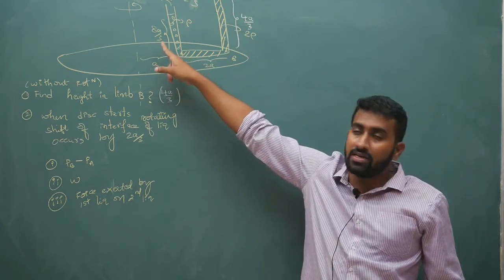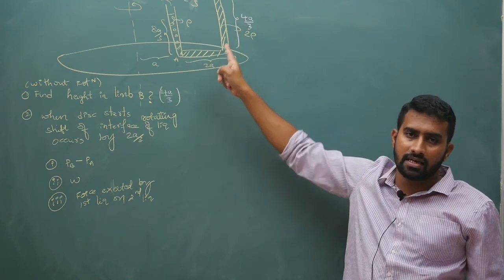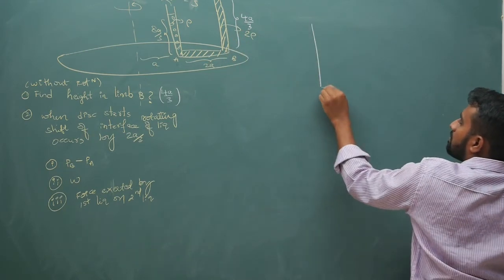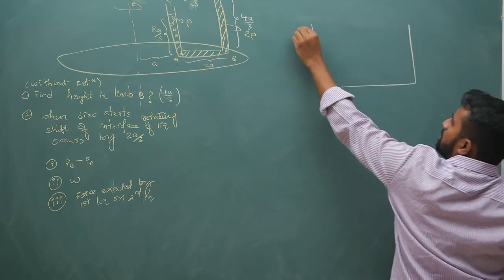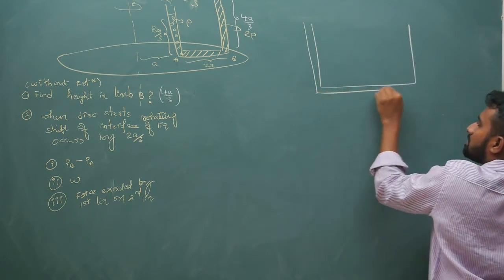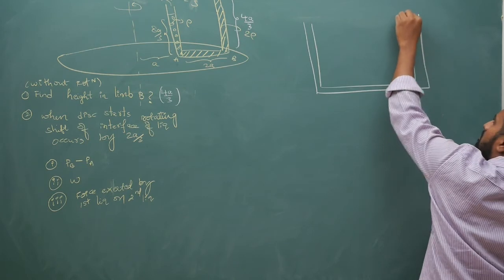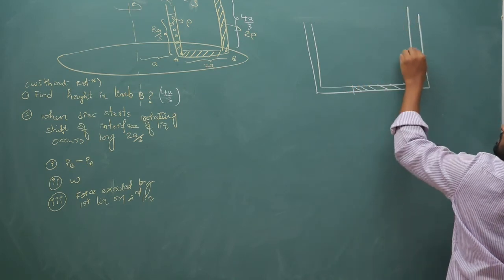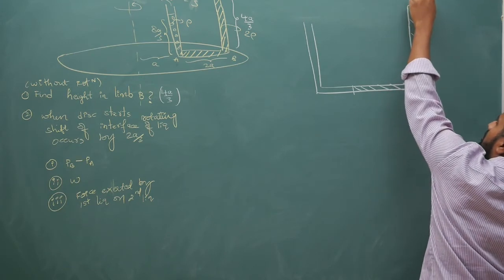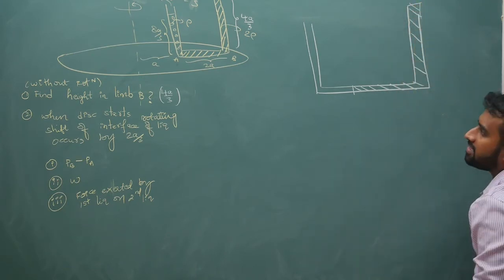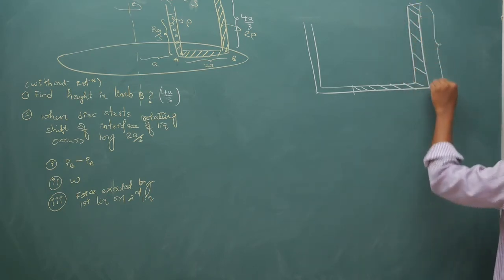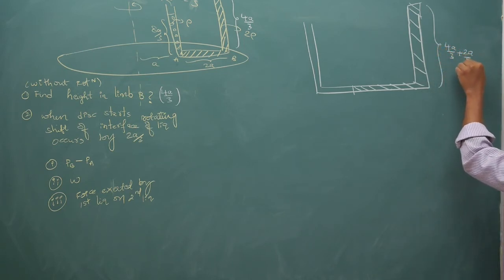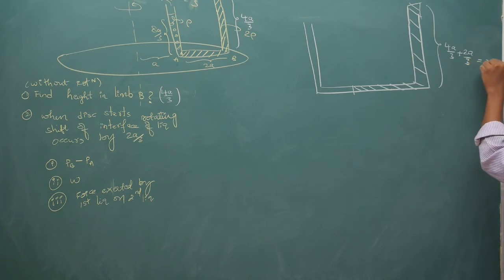So this side height will decrease, this side height will increase. So after the shift, what is your new diagram is, this side the height is 4a by 3 plus 2a by 3, that is 6a by 3, totally 2a.